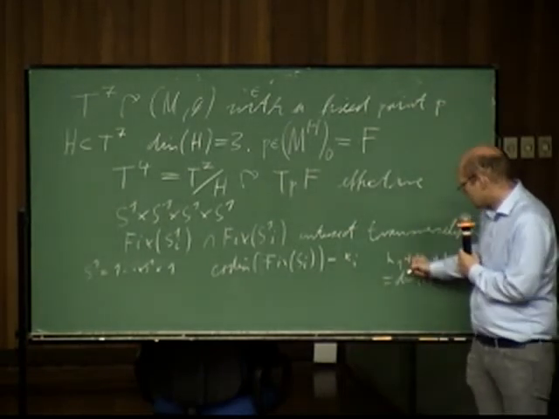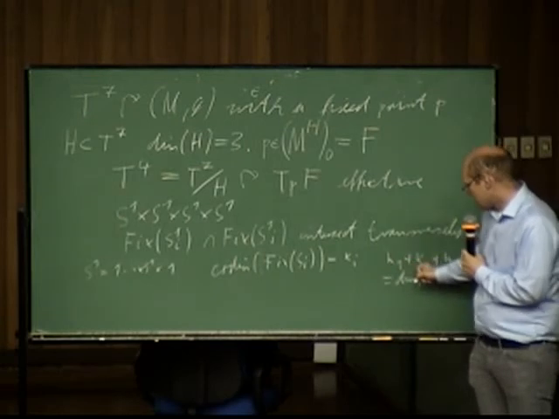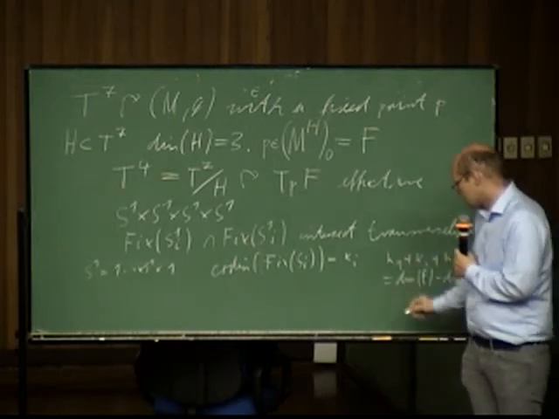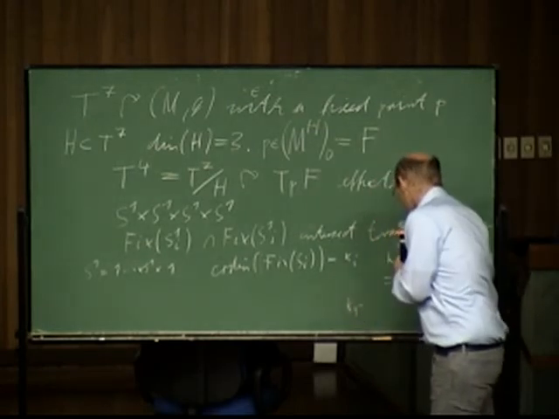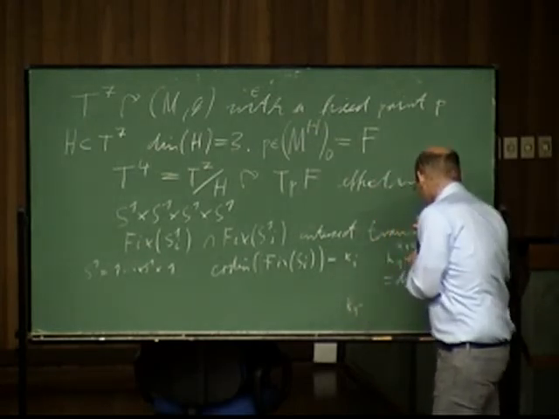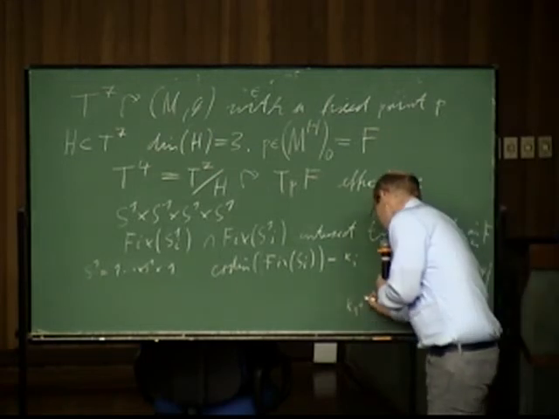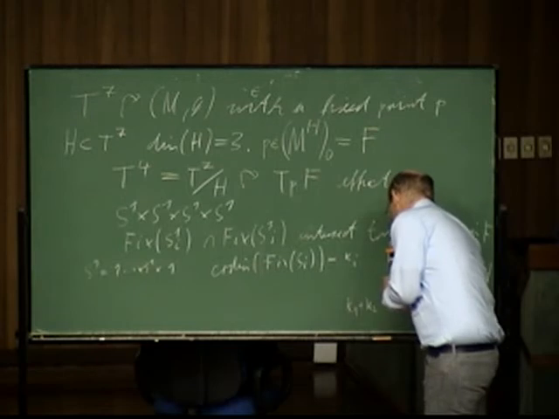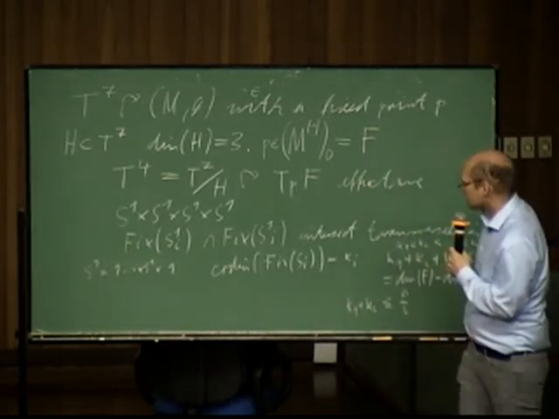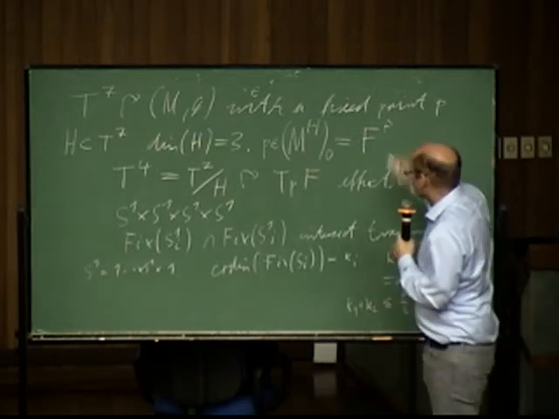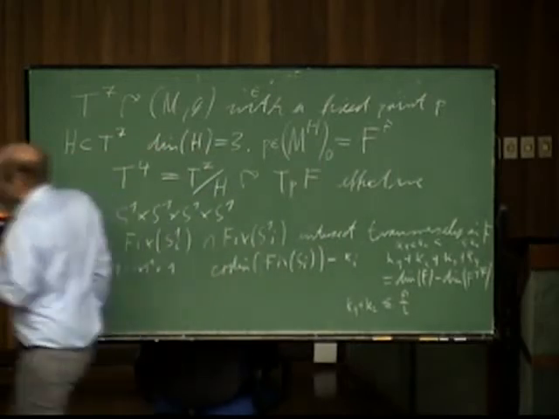In particular, if we assume K1 is less or equal than K2, less or equal than K4, then K1 plus K2 is less or equal than F over 2, where F is the dimension of our submanifold. So we can actually apply this result.